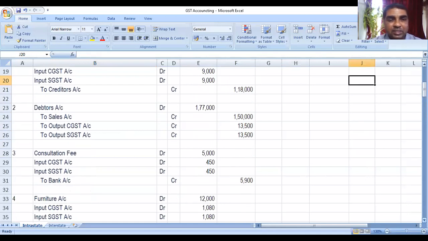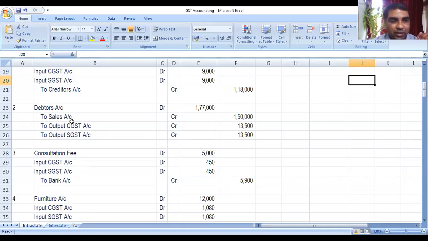Then when sales are made, again it is an intrastate sale. So debtors account got debited, sales account got credited. But when a sale is made, there is a liability for CGST and SGST, since this is an intrastate sale. So output CGST account was credited, output SGST account was credited.